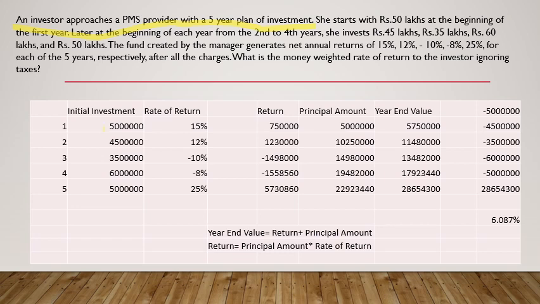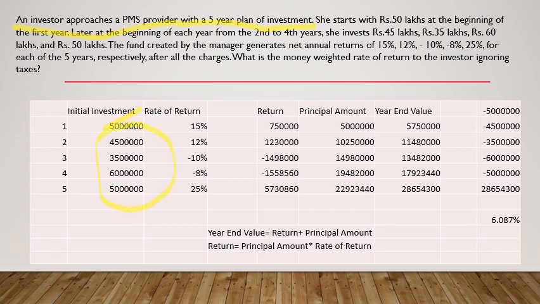Then in subsequent years, the investment amounts are 45 lakhs, 35 lakhs, 60 lakhs and 50 lakhs. I have also listed those amounts here.